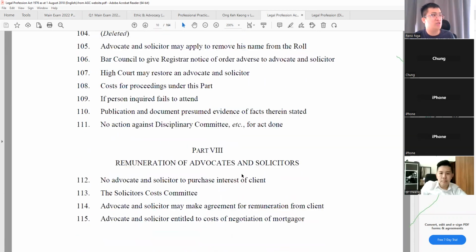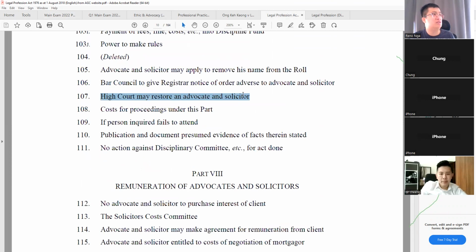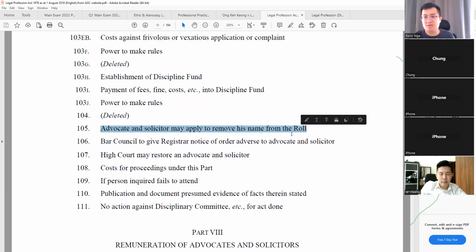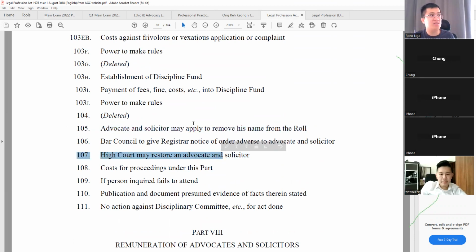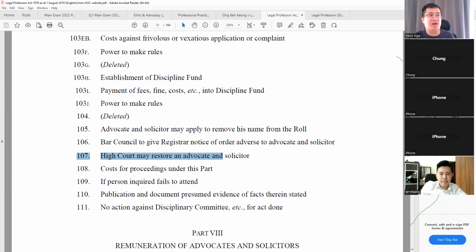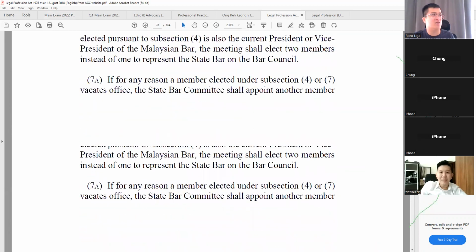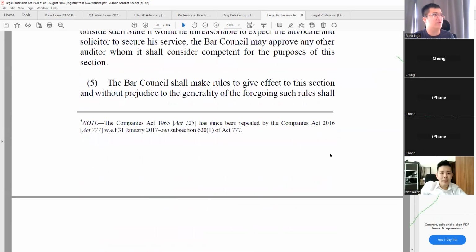See, restoration, I think you guys know, right? Restoration is 107. Okay, remove, brother and sister, cousin. So one is remove, one is restore. So the answer should be 105. It's not 107. So he wants to tell his wife, now I have removed already. You don't even think about asking me to restore. I cannot practice as a lawyer already. 105. 105.